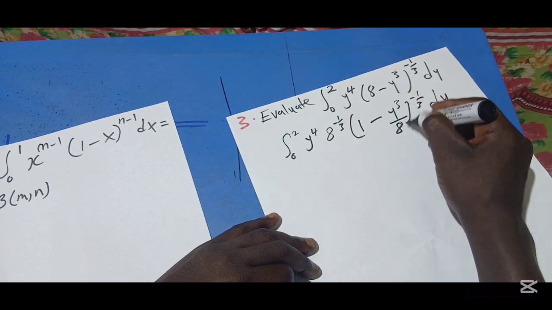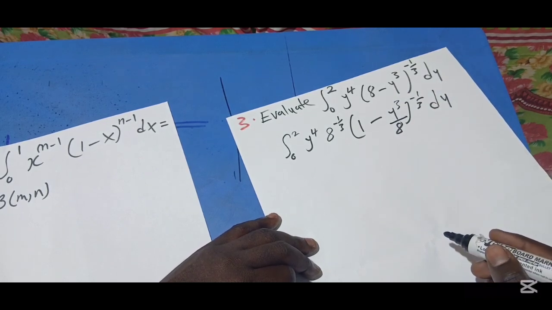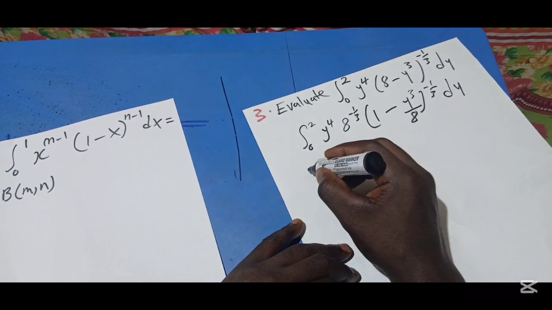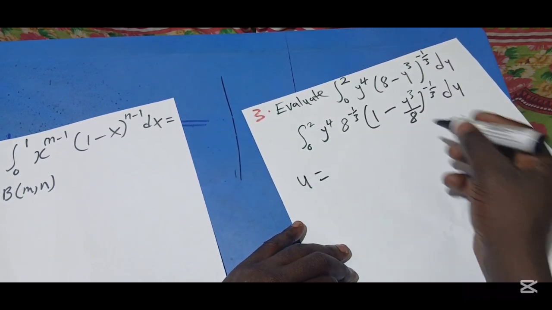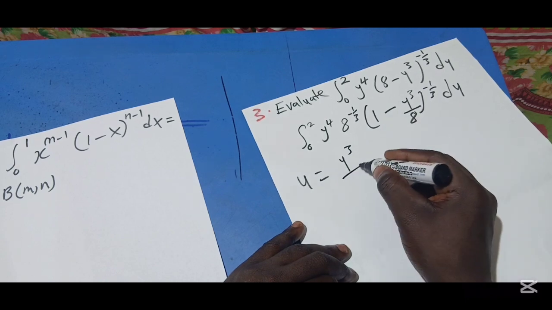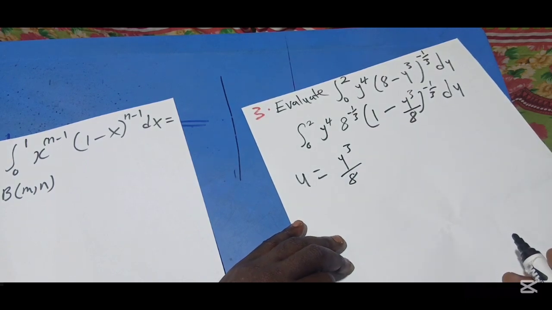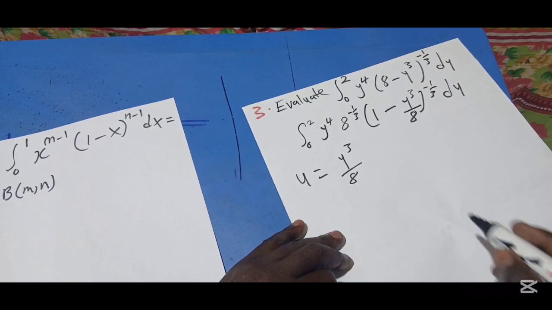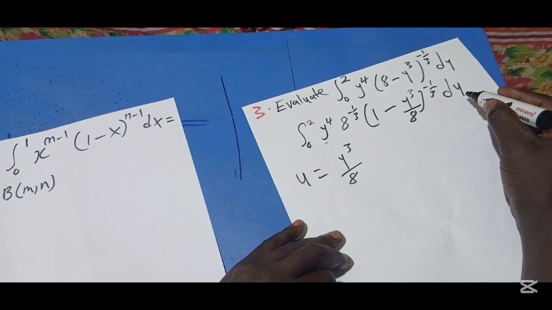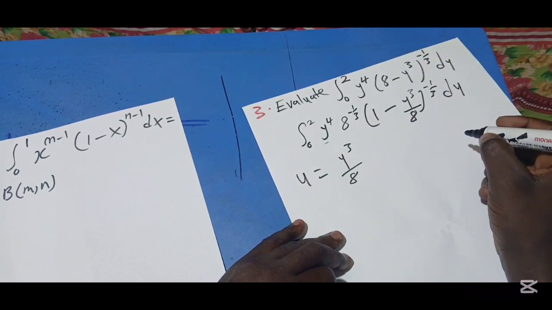Now we are going to do our substitution. So we substitute this with a term, let's do that with u. So u equals y to the power 3 on 8, not negative, because we need a negative sign there. Let's make y the subject, because we will be needing the value for y and the value for dy so that we complete our substitution.